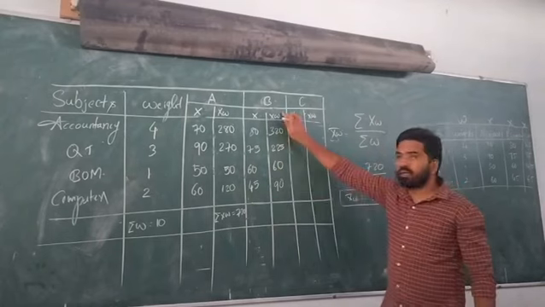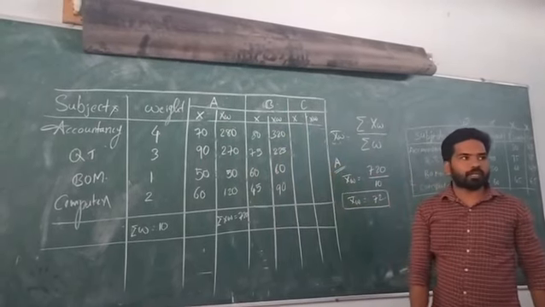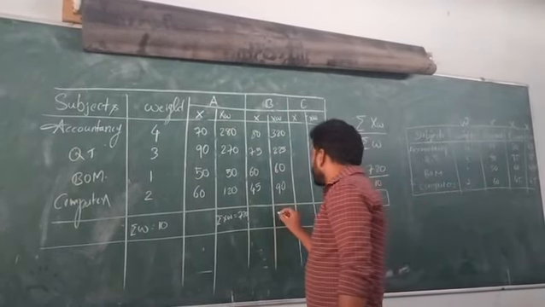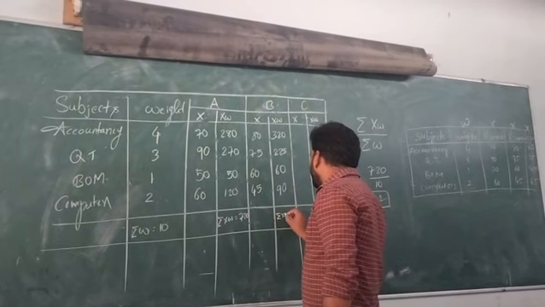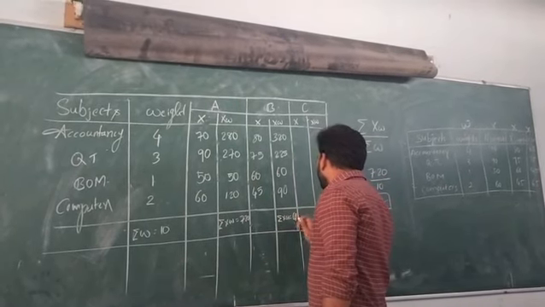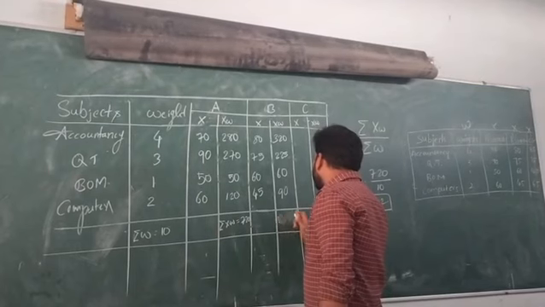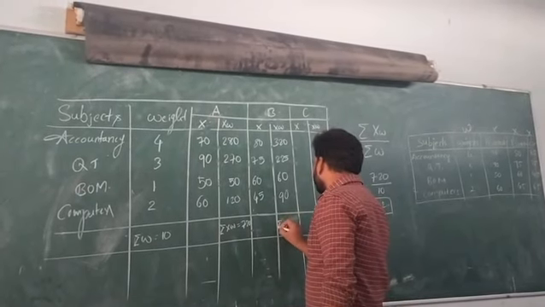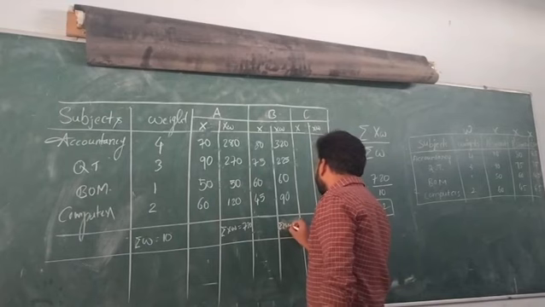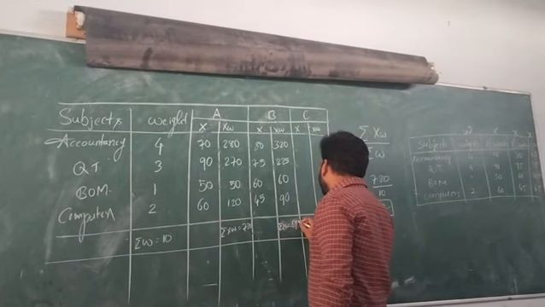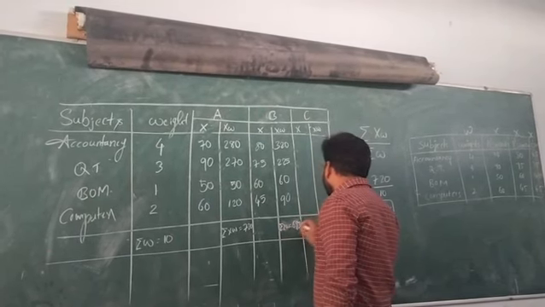Now find the total weighted marks. Sigma XW equals 695.